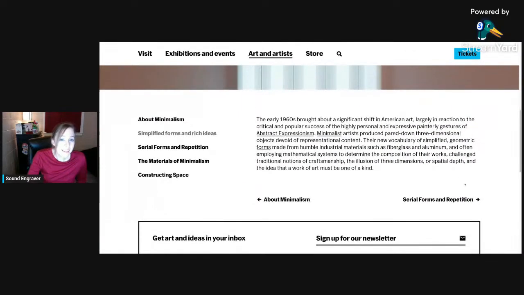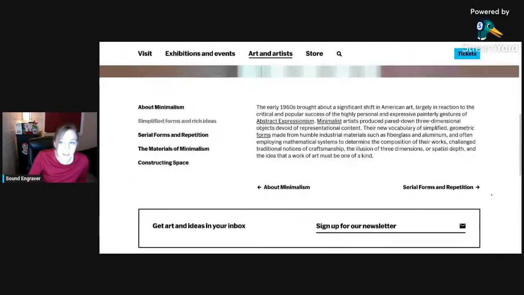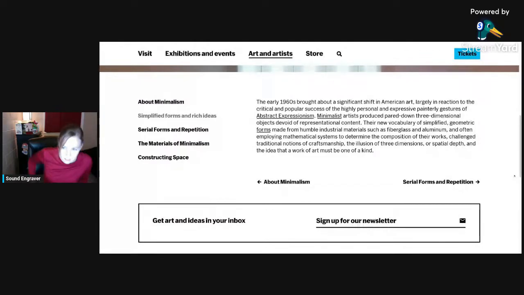The early 1960s brought about a significant shift in American art. Largely, this is key, largely in reaction to the critical and popular success of the highly personal and expressive painterly gestures of abstract expressionism. It's a reaction against expressiveness.